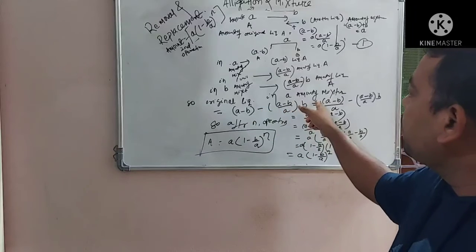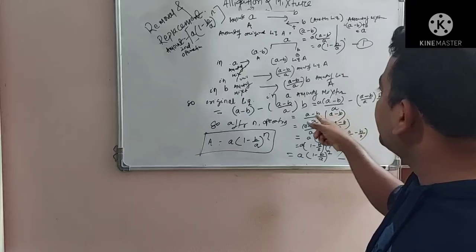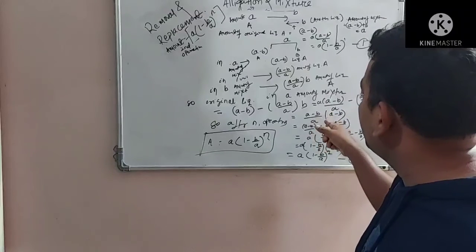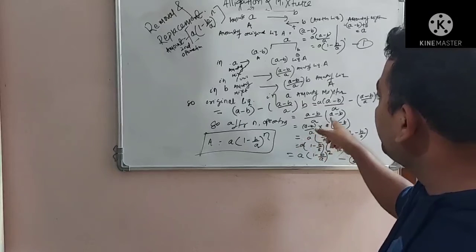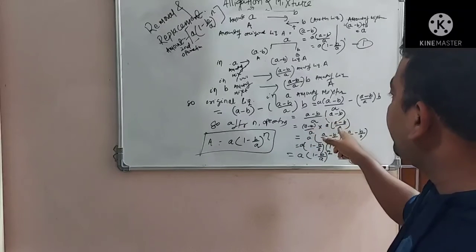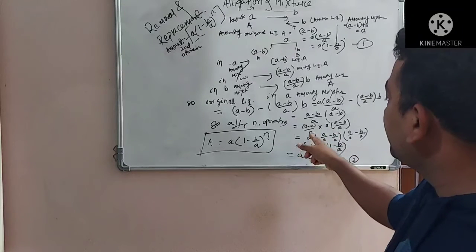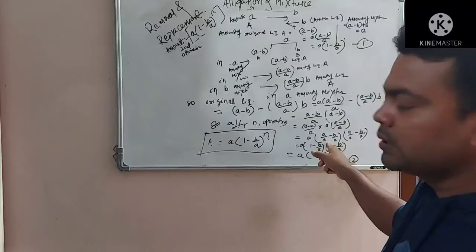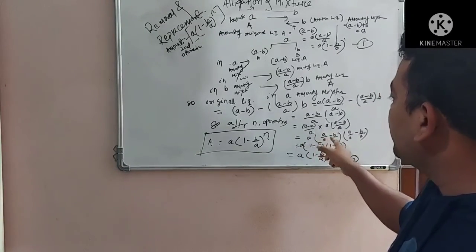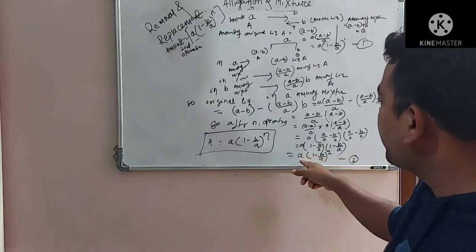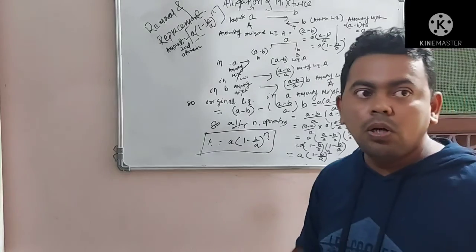A minus B, I multiply A and divide A. Taking common A minus B by A, and here I multiply A and divide A. So, taking A first, I write like this: A minus B by A is equal to A by A minus B by A. So after simplifying, I have A whole into 1 minus B by A the whole square.